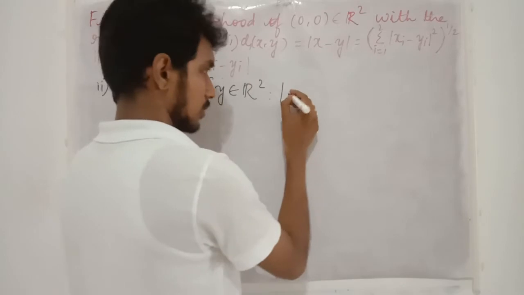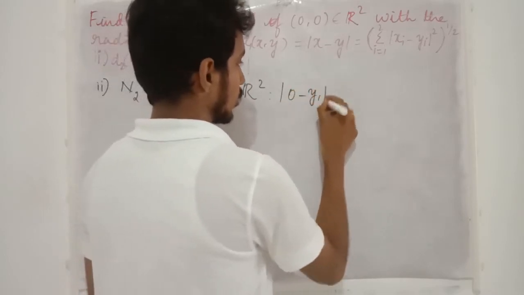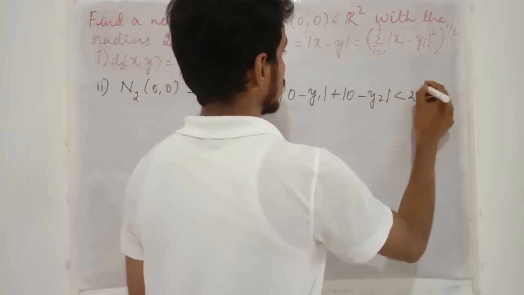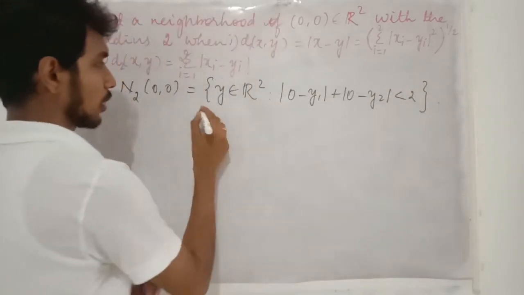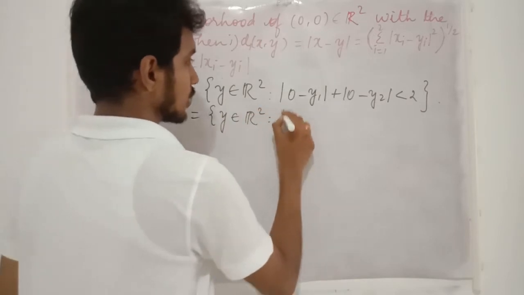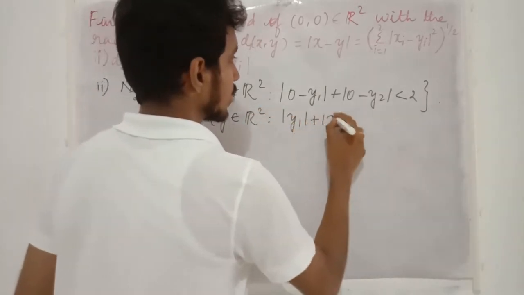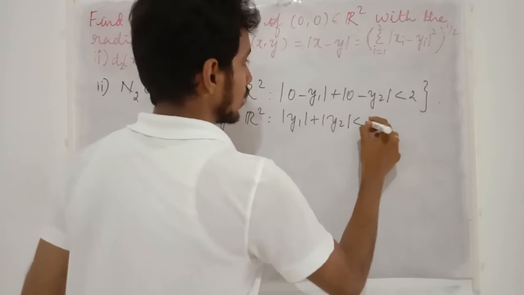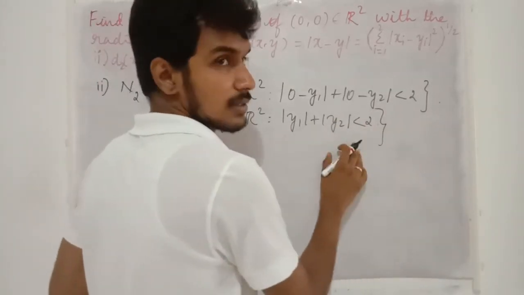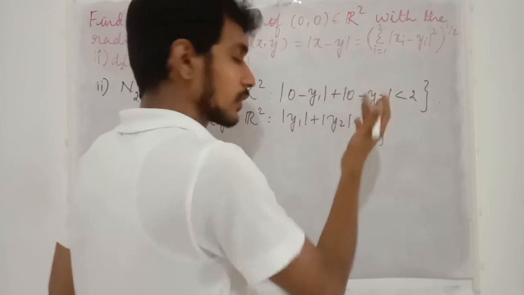Here x1 is 0: absolute of 0 minus y1 plus absolute of 0 minus y2 is less than 2. So it is going to collect the points in R2 such that absolute of y1 plus absolute of y2 is less than 2. Now we need to identify this region inside the plane.